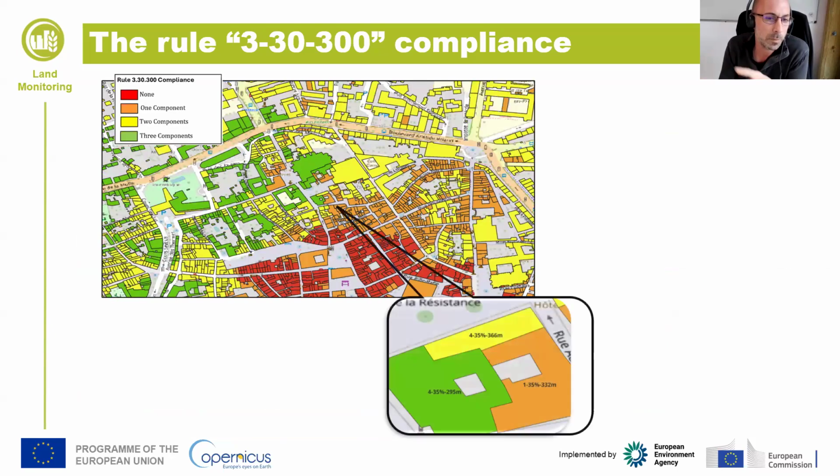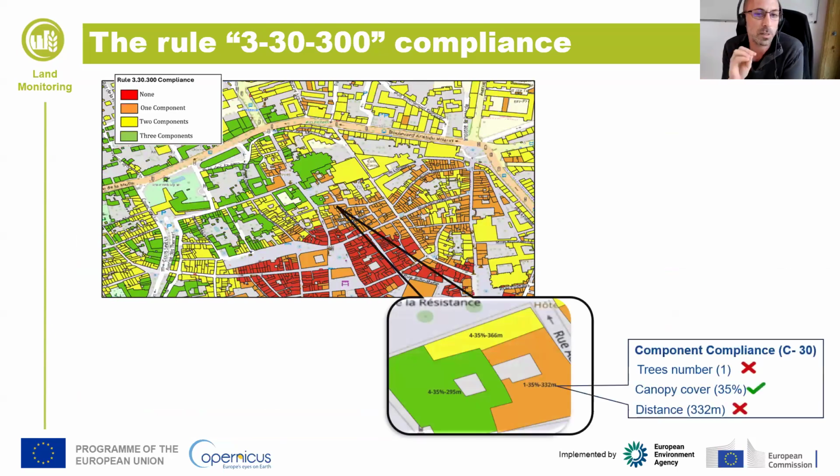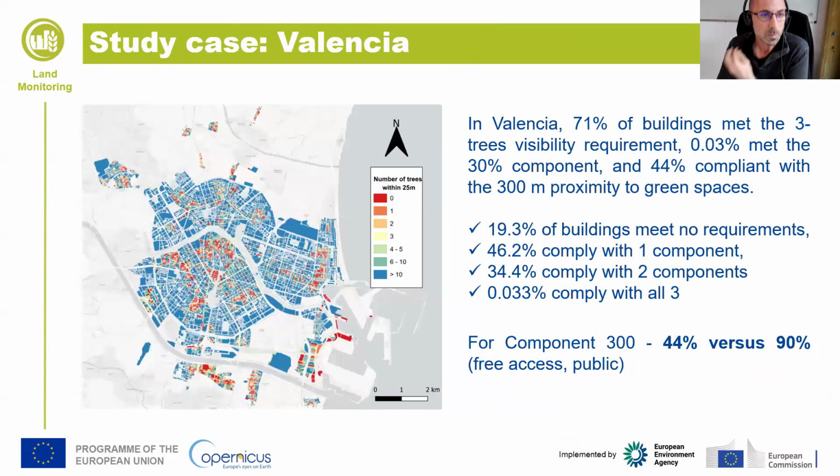So at the end, we can obtain for each building all information: if the building is compliant, the number of trees visible from the home, the canopy cover within the neighborhood, and also the distance between the building and the nearest green area.